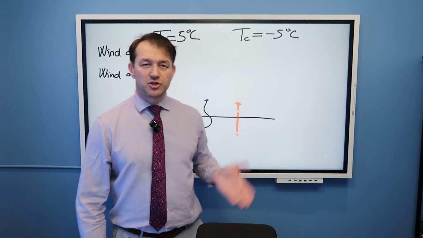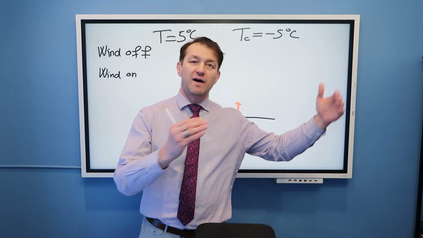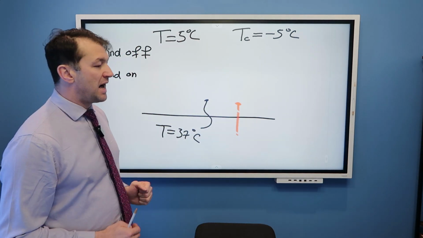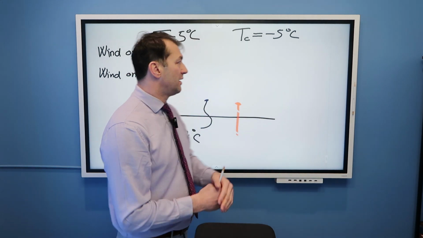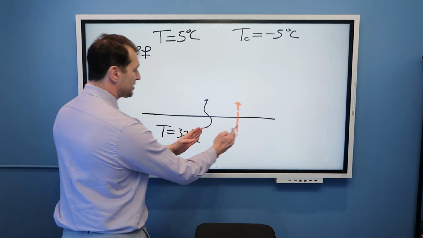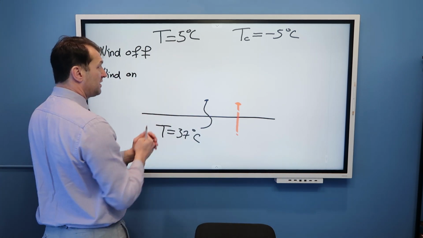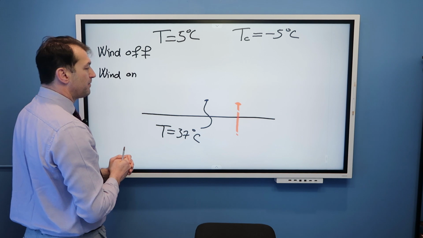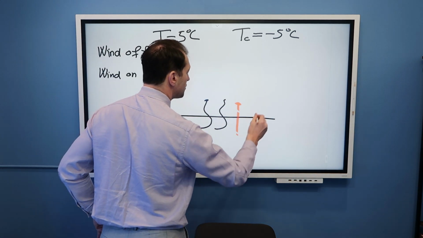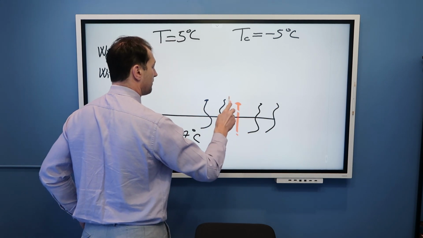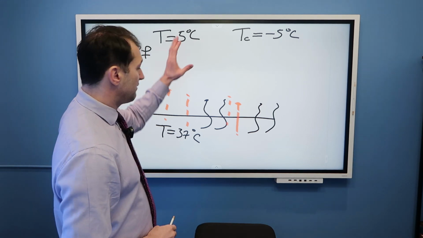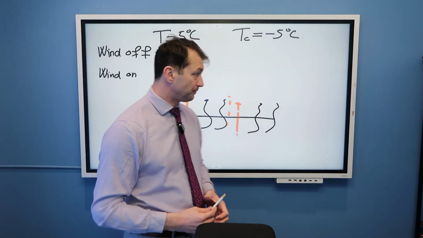With this value of wind chill, we are going to get there much, much faster than if there was no wind and our body perceived the actual air temperature of 5 degrees Celsius. So if this was heat loss when the air temperature is 5 degrees and there is no wind, then heat loss with this wind chill would be substantially higher. We would lose heat at a much faster rate than without wind or without wind chill.